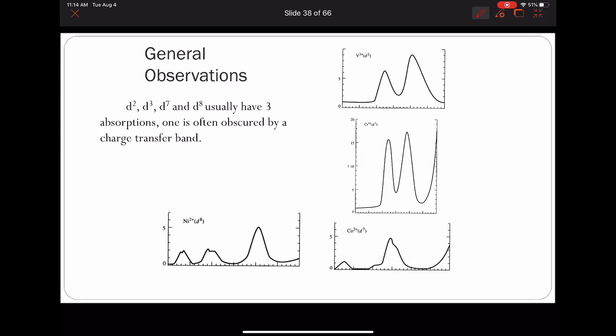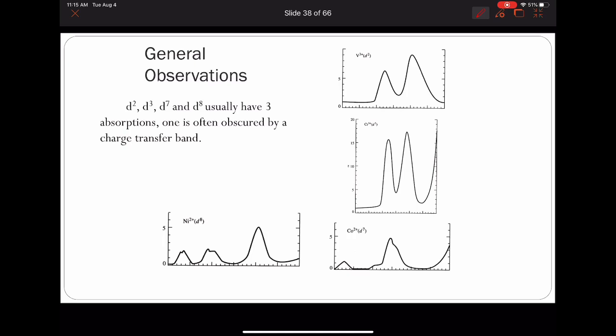If we look at d2, d3, d7, and d8 systems, these usually have three absorptions, although one of them is very oftentimes obscured by charge transfer bands. So again, I mentioned that our ligand to metal charge transfers and metal to ligand charge transfers are going to be of significantly greater intensity. And when we start getting to higher energies, very oftentimes we're going to observe a charge transfer that's going to basically bury our d to d transition instead.